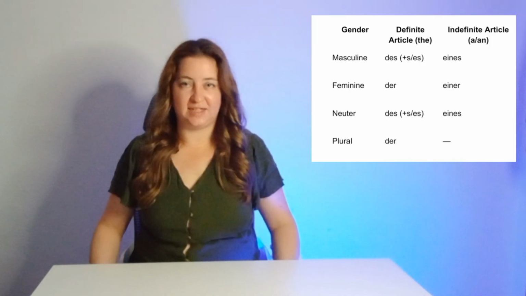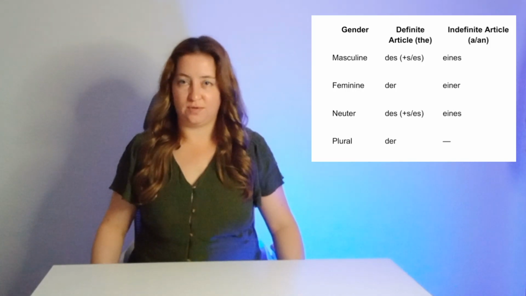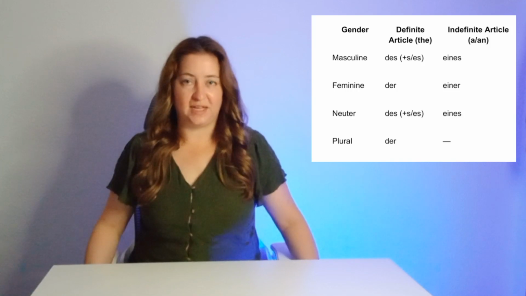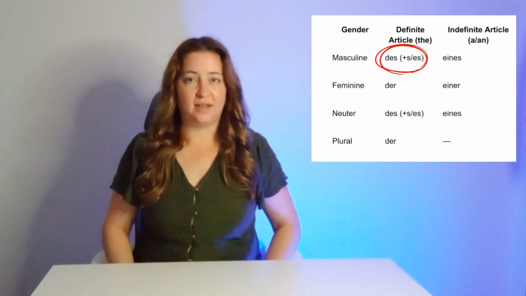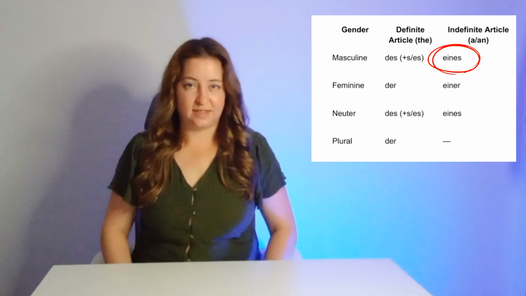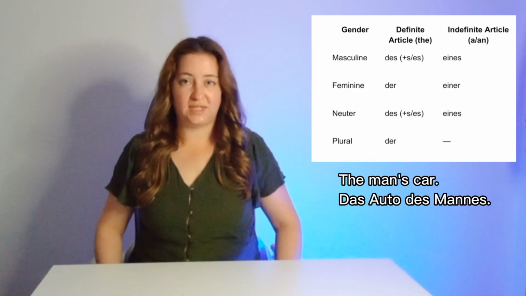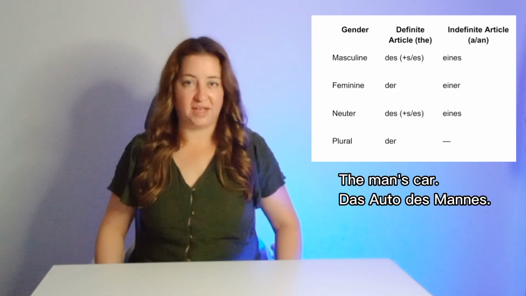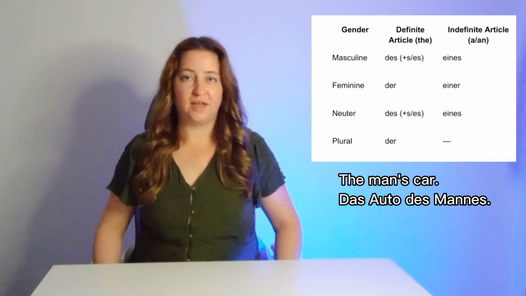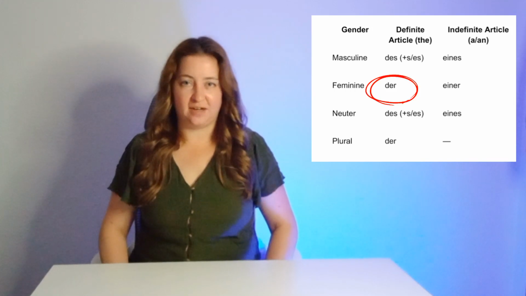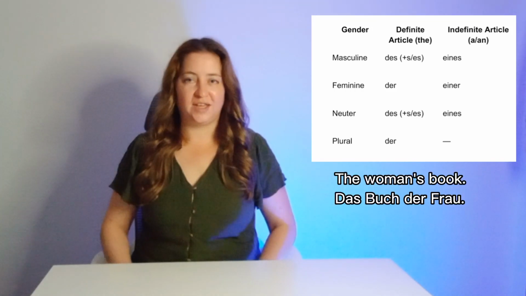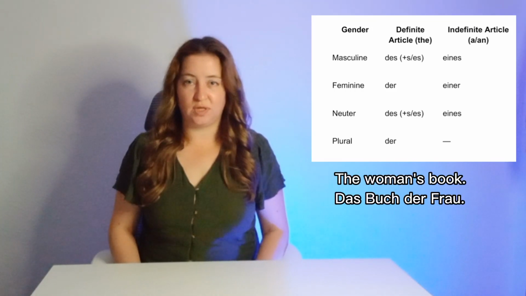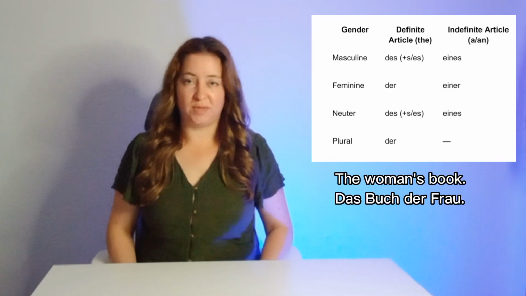And let's look at the definite and indefinite articles. In the genitive, we have masculine des plus the S or ES, eines. Das Auto des Mannes, the man's car. For feminine, we have der and einer. For example, das Buch der Frau, the woman's book.